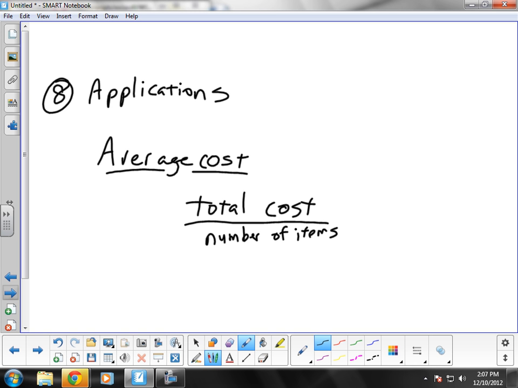You understand what I'm saying? So in your book, and you're going to see this again if you go to business calculus or regular calculus, they talk about average cost a lot because it's a big idea in business. You take the total cost and you divide it by the number of items that you're going to be selling.